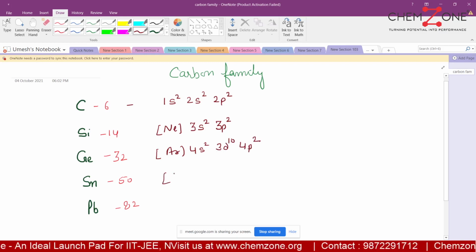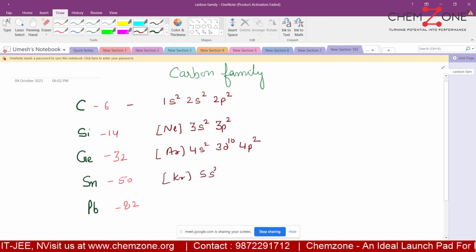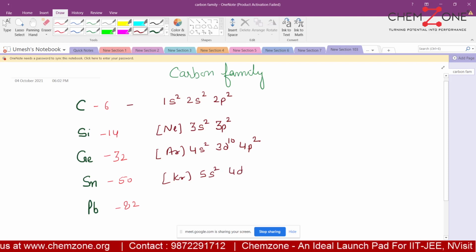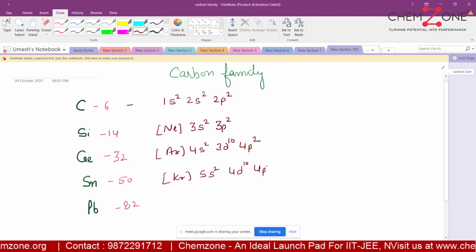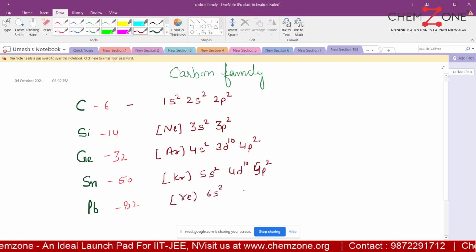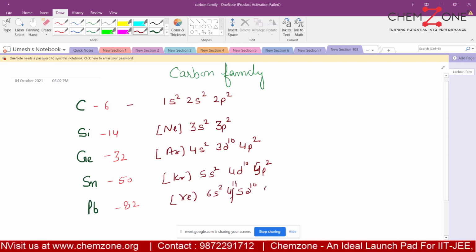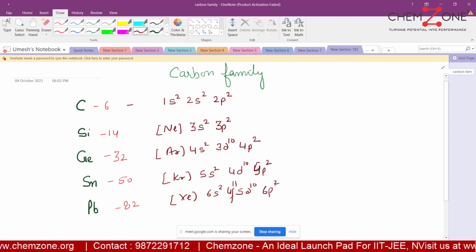You know how to write electronic configuration? Yeah. Right. So this is the electronic configuration. Xenon complete, 6s2, 5d10. Here we have 4f14 also, then 6p2.